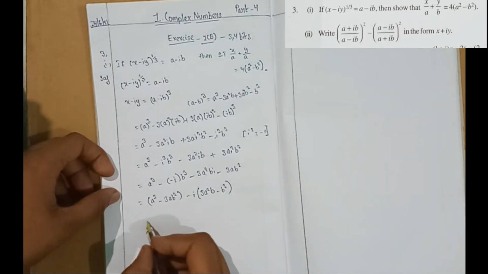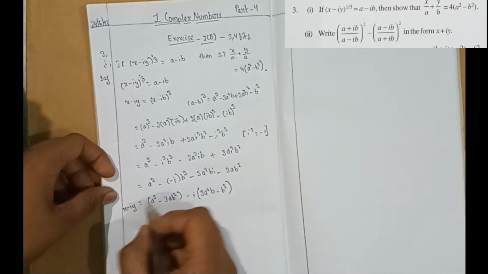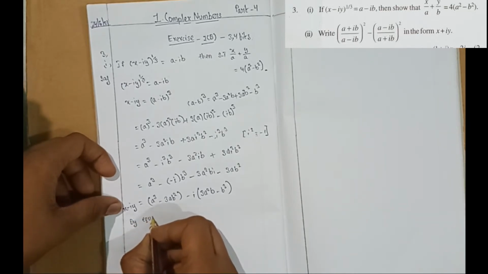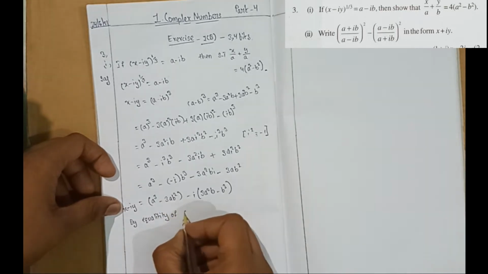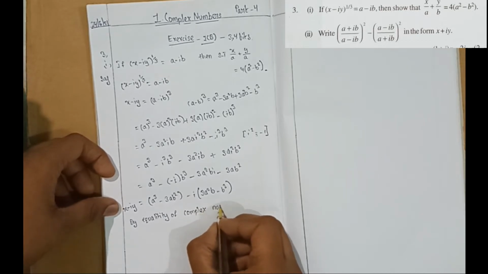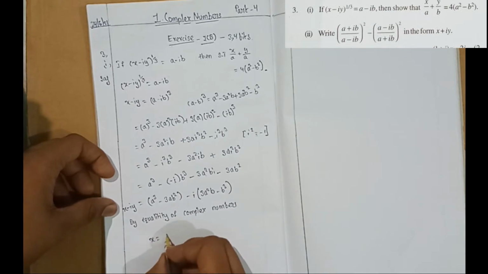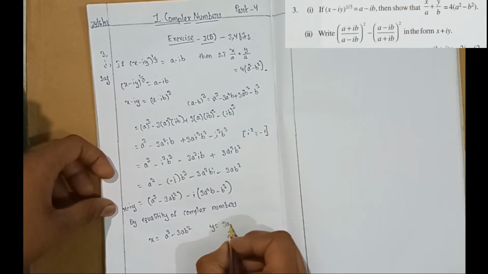Now it is in the form of x minus iy, so by equality of complex numbers, x equals a cube minus 3ab square and y equals 3a square b minus b cube.